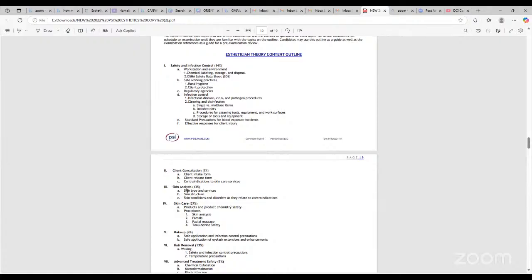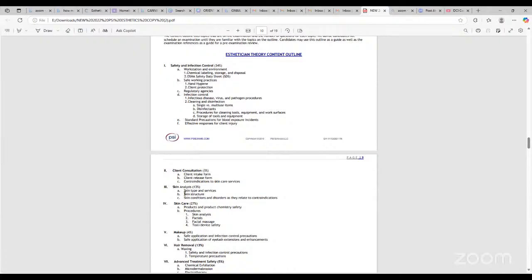With skin analysis: skin type and services, skin structure, skin conditions and disorders as they relate to contraindications. My day students are also going over skin analysis, so this is something everybody, day and night shift, would be able to appreciate. I do want to go into that area.